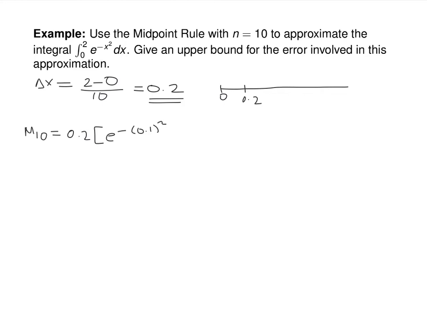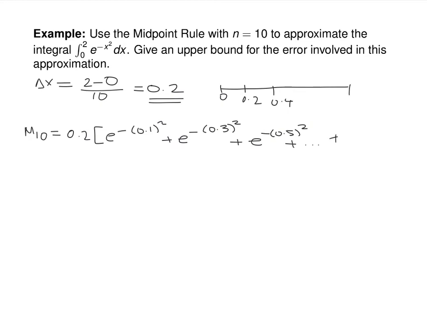And then after that, between 0.2 and 0.4 is 0.3. So plus e to the negative 0.3 squared. And then next we'll have e to the negative 0.5 squared. And you get the idea, just put a dot, dot, dot. I get that you have the pattern. Tell me what the last one is.